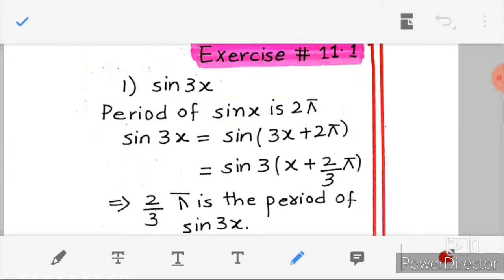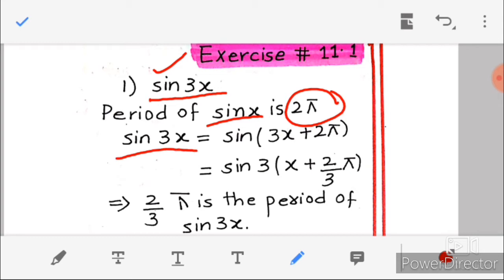Now moving towards exercise 11.1 on page number 341. Question number 1 is included in the reduced syllabus. We have to find the period of sin 3x. As we know that the period of sin theta is 2 pi, sin 3x equals sin of 3x plus 2 pi.